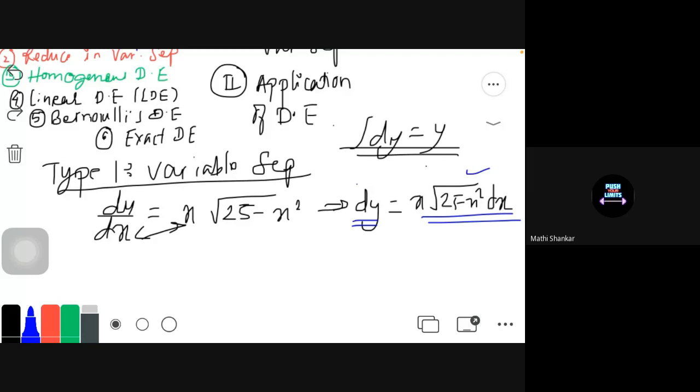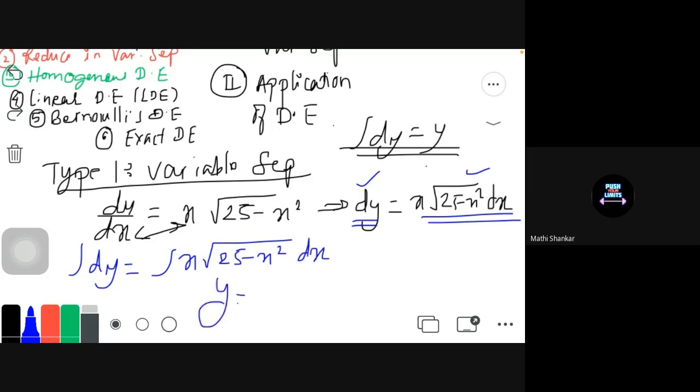So now I'll integrate both sides. So I'll get integration of dy is equal to integration of x into under root of 25 minus x square dx. So integration of dy will be y. And here, how can I integrate? I can take the substitution: 25 minus x square is equal to t.